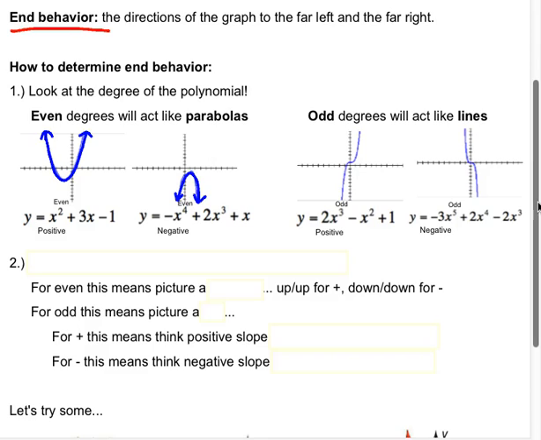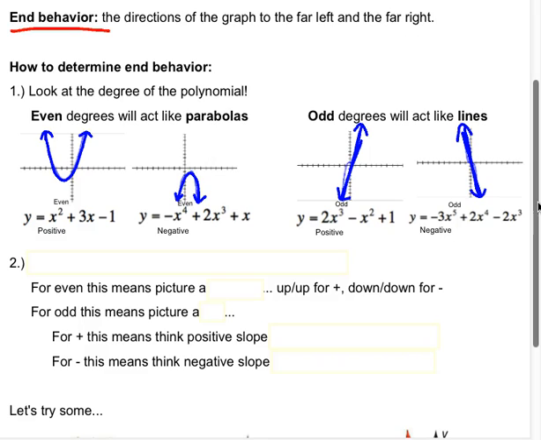Here, odd degrees will act like lines. So this is a degree 3 and a degree 5 polynomial. If I were to transpose a line onto this, that's how it's acting. Transpose a line onto this, and that's how it's acting. So again, evens will act like quadratics, odds will act like lines.